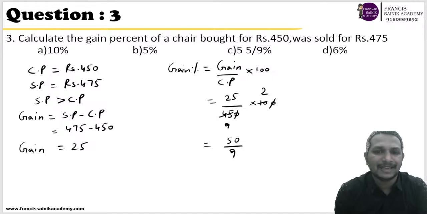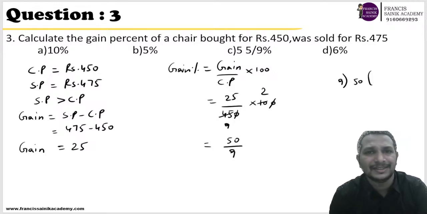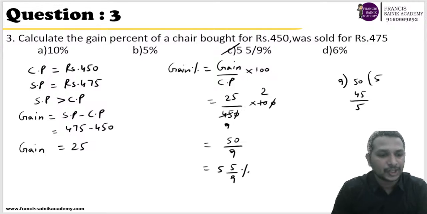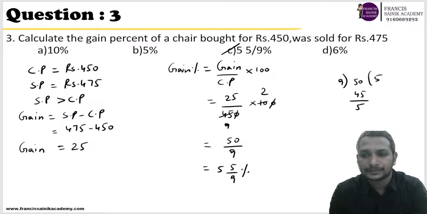They gave the answer in mixed fraction form, so make sure you know how to convert a normal fraction to a mixed fraction, because they won't always give answers in fractional form. Sometimes they give mixed fractions also. 9 fives are 45, so the remainder is 5. We can write this as 5 5/9 percent, which is option C.